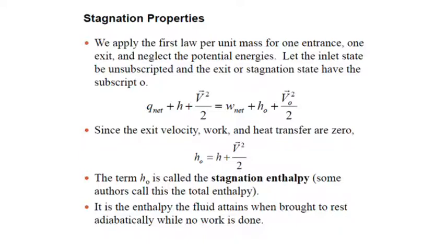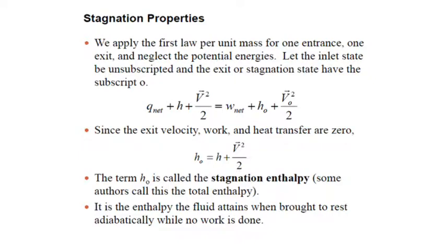Since the exit velocity, the work, and heat transfer tend to 0, the remaining expression will be H naught is equal to H plus V squared by 2. The term H naught is called the stagnation enthalpy. It is the enthalpy that the fluid attains when brought to rest adiabatically while no work is done.